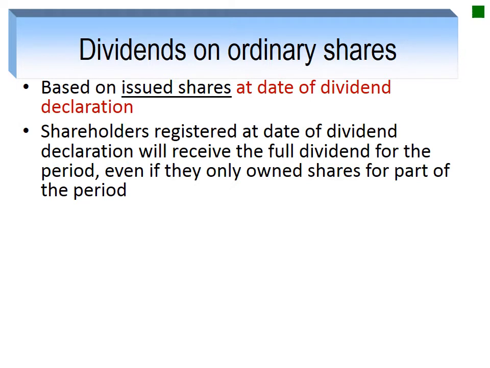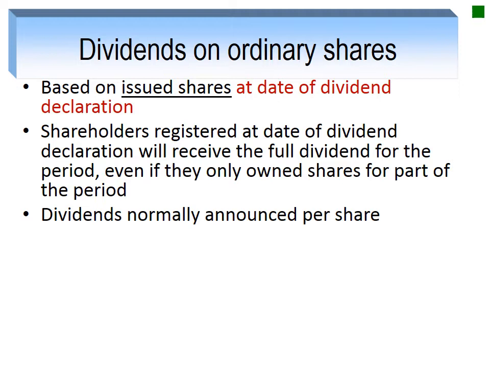The shareholders who registered at the date that the dividend is declared will receive the full ordinary dividend for the period, even if they only own shares for part of a period. So if a dividend is declared, for example, on the 31st of December and you bought your share on the 30th of December, you will be entitled to the dividend because you own the share on the 31st of December and you will get the full dividend.